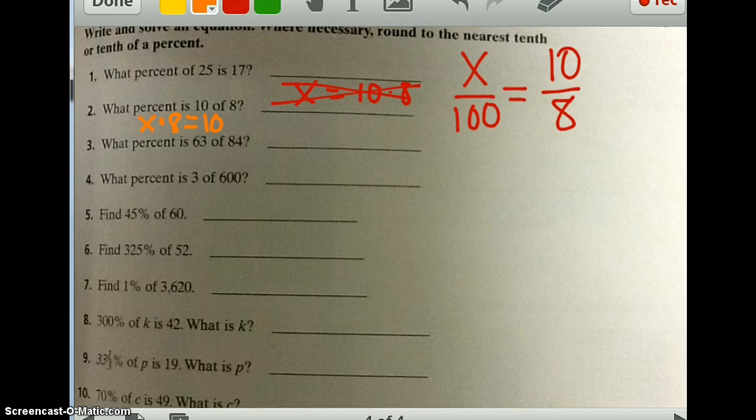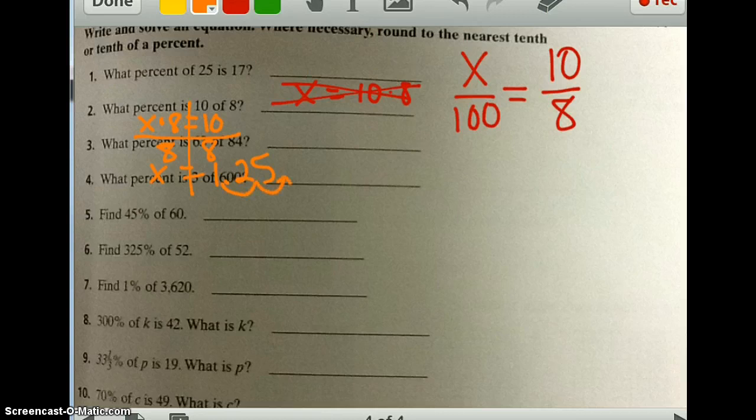So if I do that, I end up doing 10 divided by 8. It's going to be bigger than 100%, which is totally cool because 10 is bigger than 8. So when I do that, I get x equals 1.25. But what do you remember? I'm looking for percent, so what do I have to do?